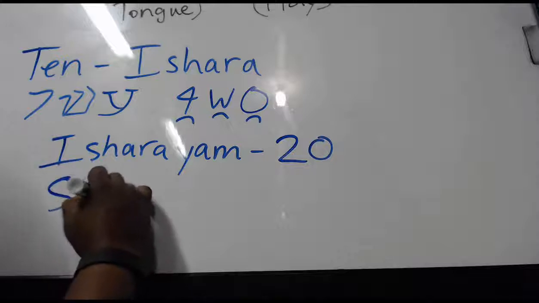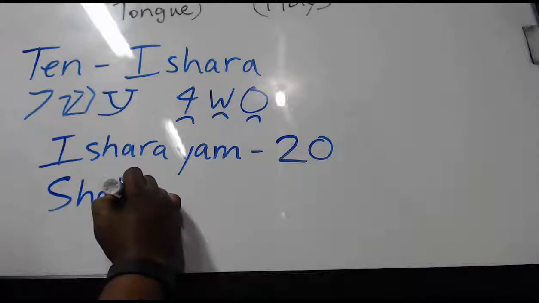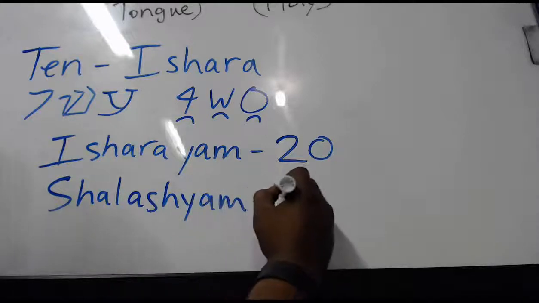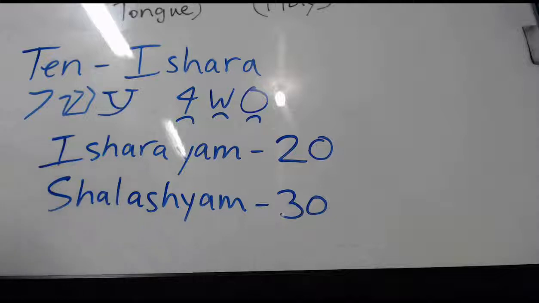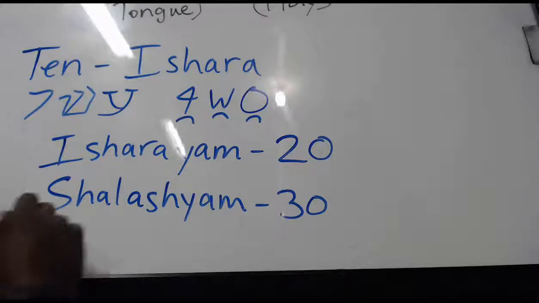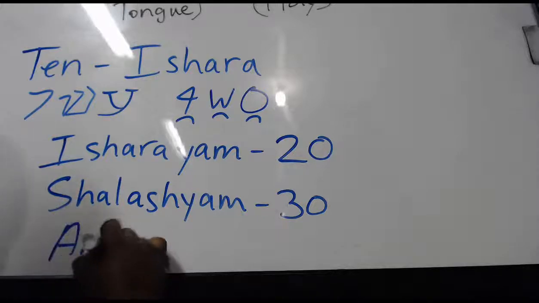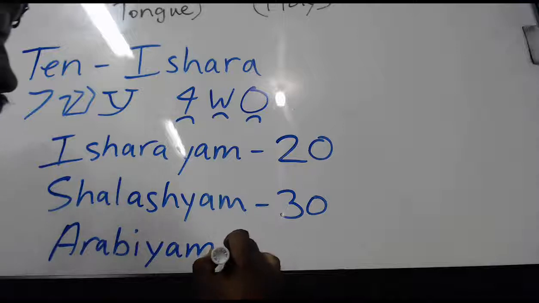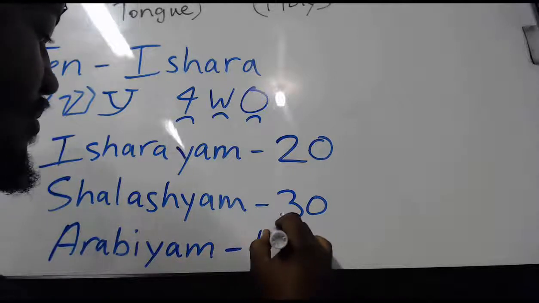It would be Shalah. 3 is Shalash. Shalashim. 30. Okay? And then on and on. Okay? Arabayim. Arabayim is 40.